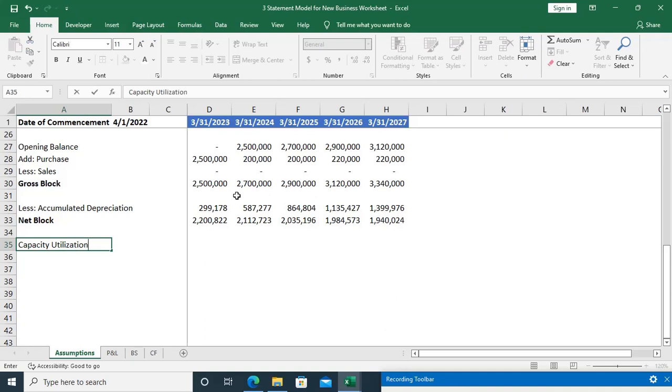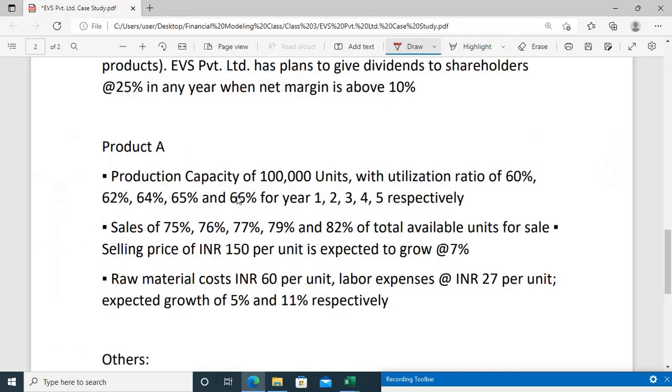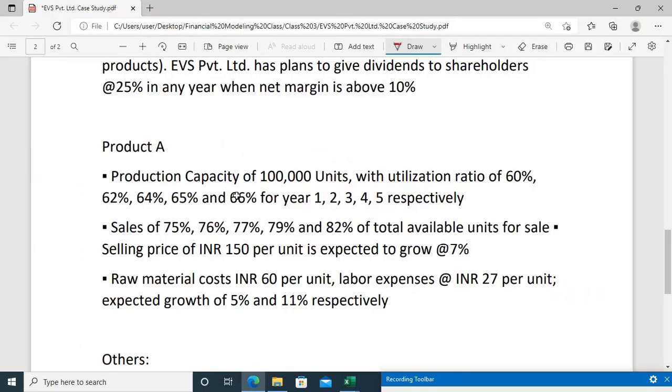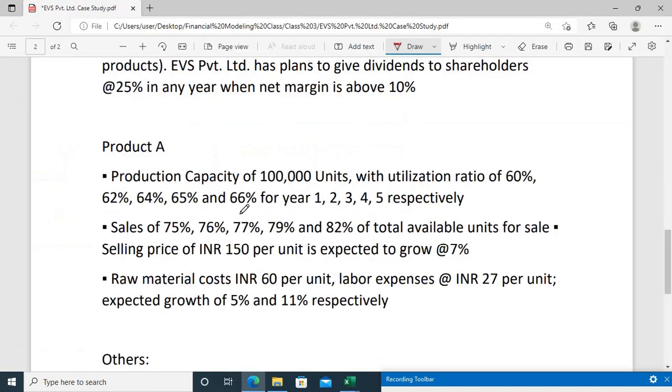Capacity utilization. What was the first year's capacity utilization number? 60%, 62%, 64, 65%, and 66%.